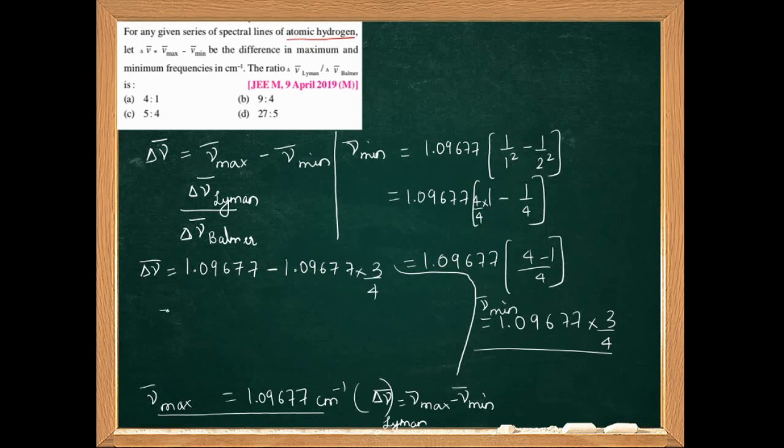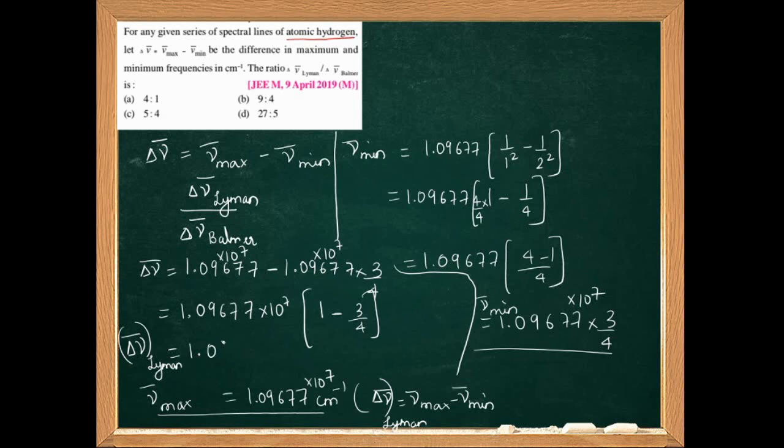In both the terms, 1.09677 is common. Actually, this is 10 to the power 7 in both the cases. I forgot this. So this is common, into 10 to the power 7. In the first term we have 1 minus 3 upon 4, which is 4 minus 3 upon 4, which is 1 upon 4.